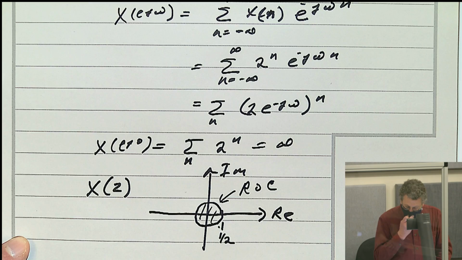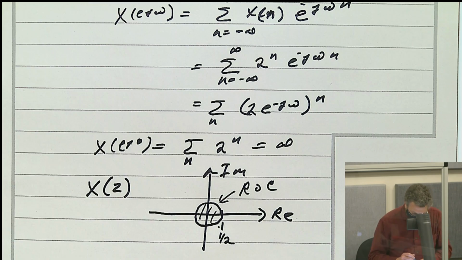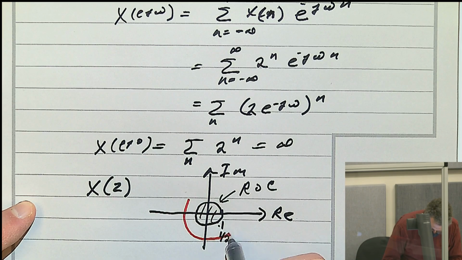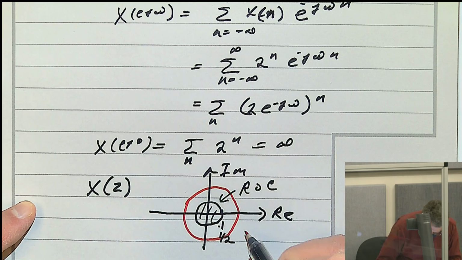So in that case, the unit circle is not contained inside the region of convergence. So that's the unit circle.